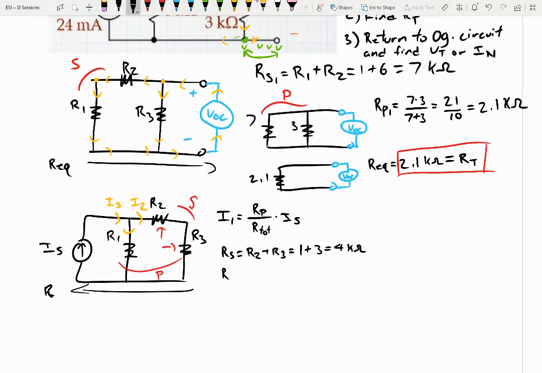Then our R parallel give us R1 times the R series value, over R1 plus the R series value. Go ahead and punch that value in real quick.